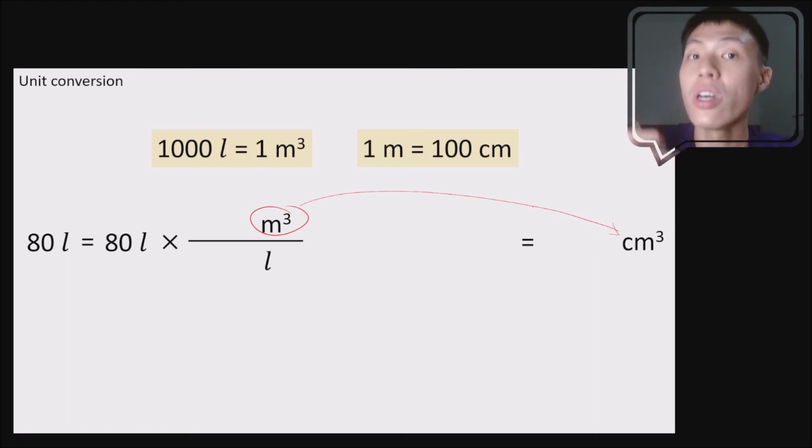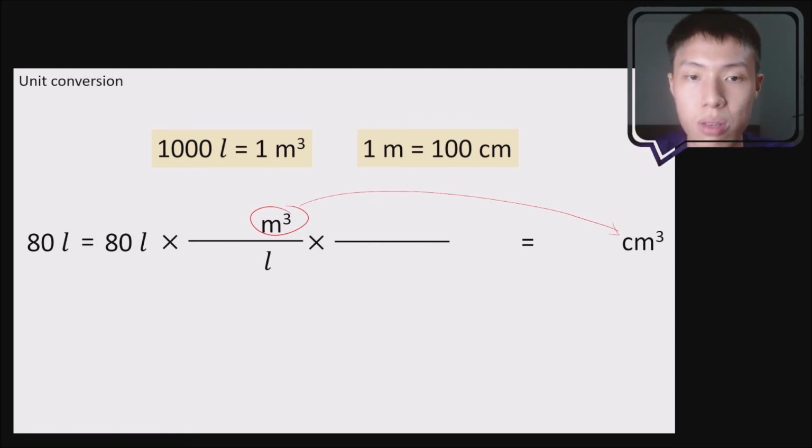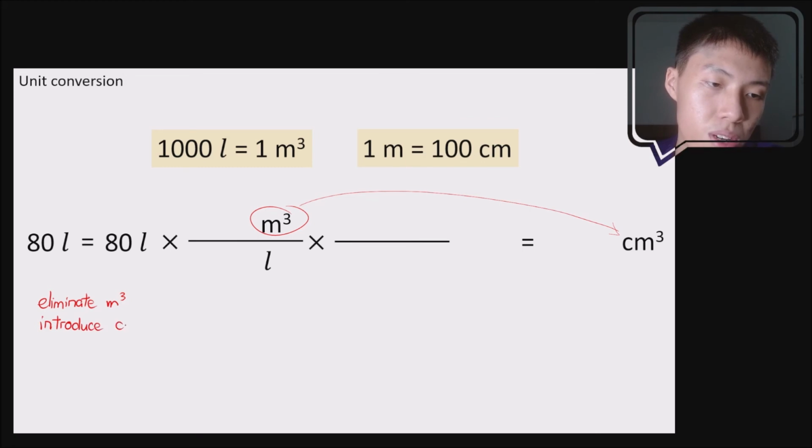We need to introduce another empty fraction. This empty fraction should be able to eliminate m cube and introduce cm cube.